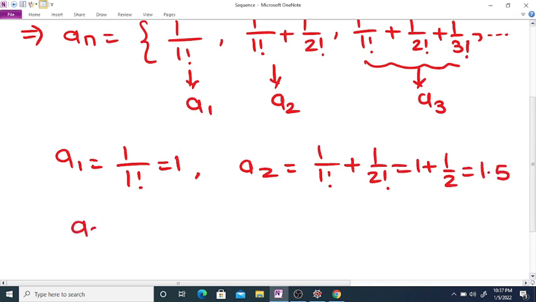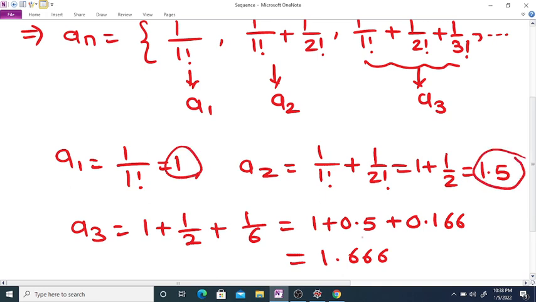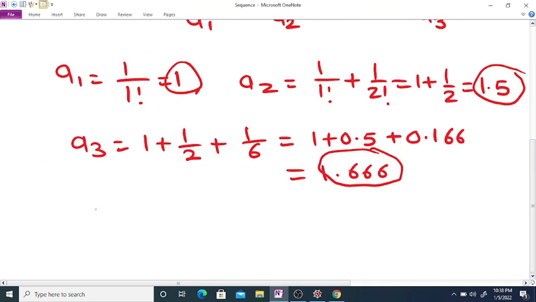And a3 is 1 plus 1 by 2 plus 1 by 3 factorial, which is 1 by 6, so 1 plus 0.5 plus 0.166. If you add, we get 1.666.